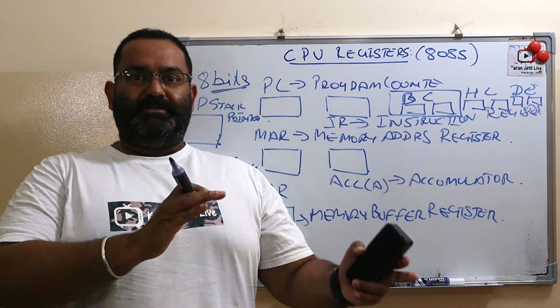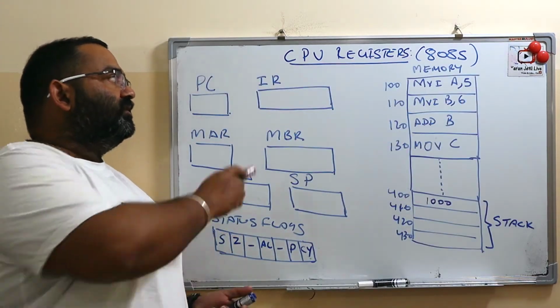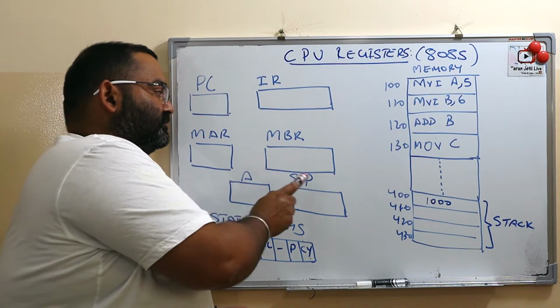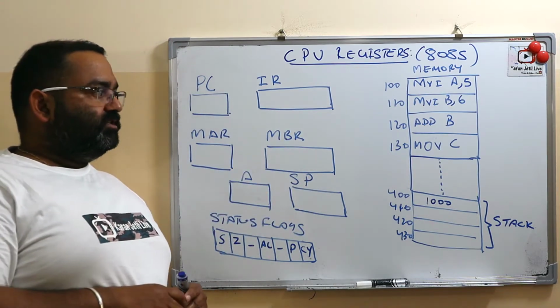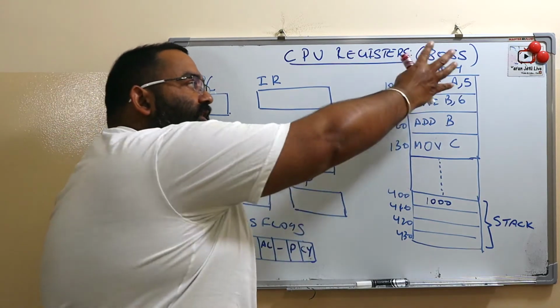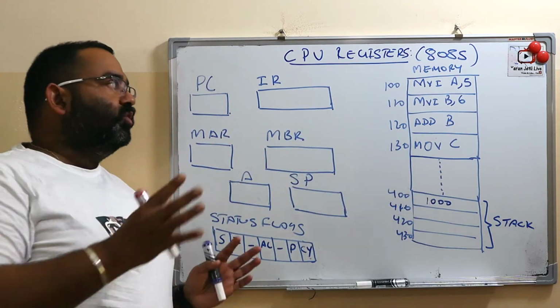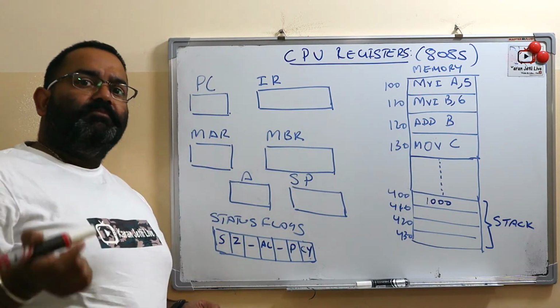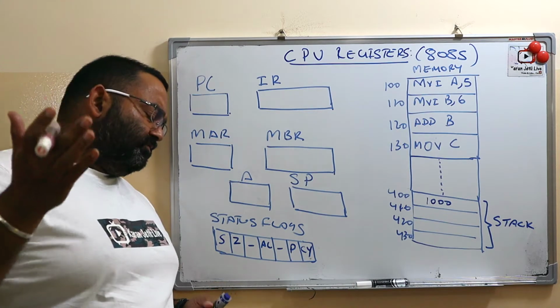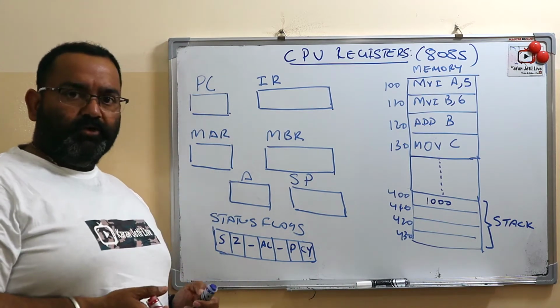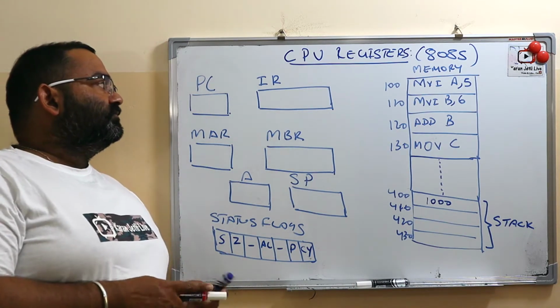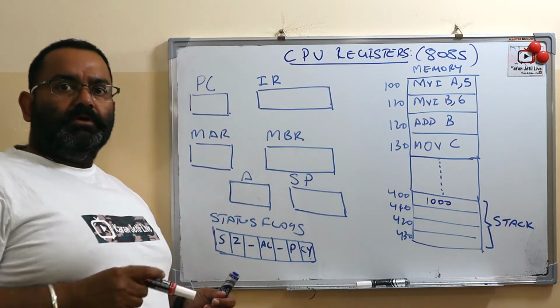Now, to explain the functionality of each register, I will take an example and tell you what each register does, what type of data it stores, and what its functionality is. The first register is the program counter.